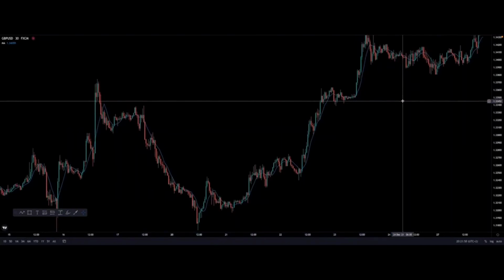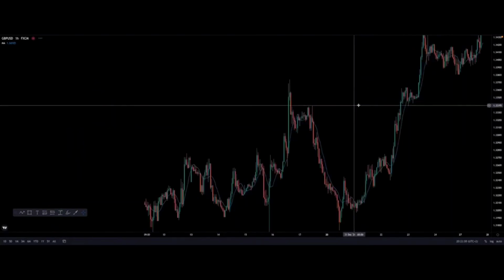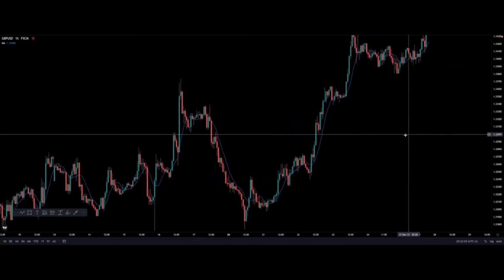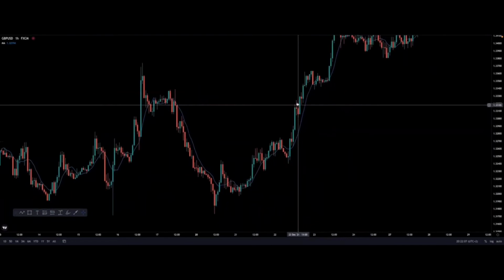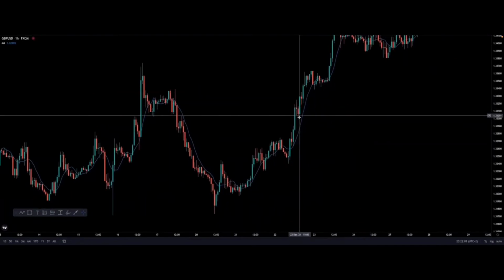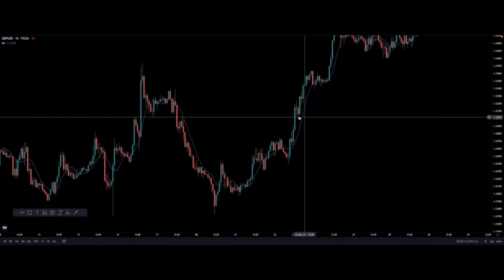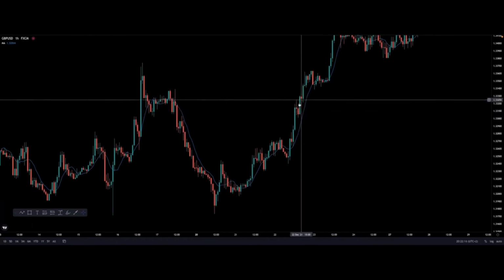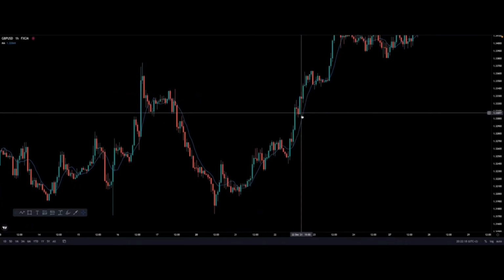Let's have a look at the hourly quickly and see if it holds true here. Okay, and there you go. So you'll see how this holds true. Here, price reacts or rejects or bounces off the moving average, which you only would have seen up here because you would have needed this candle to close before the moving average would have printed at this price level.